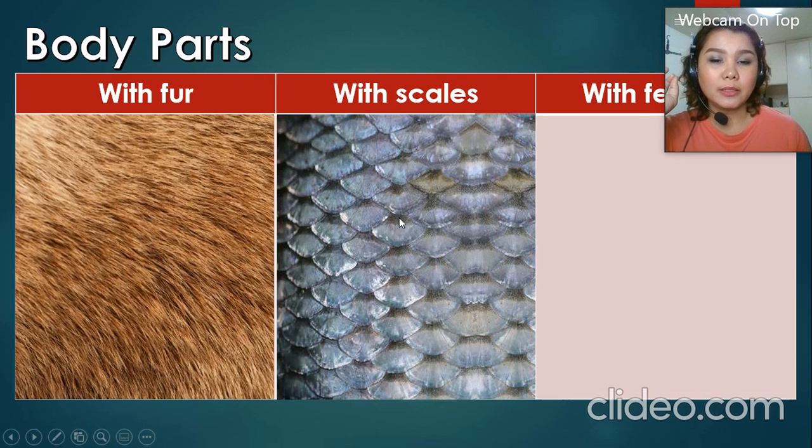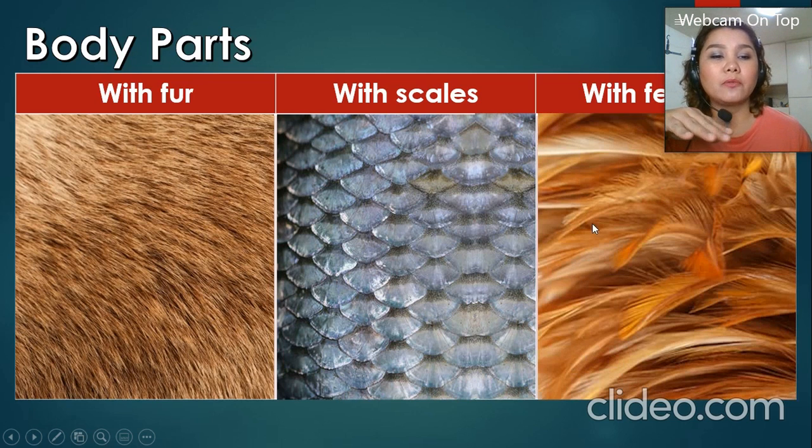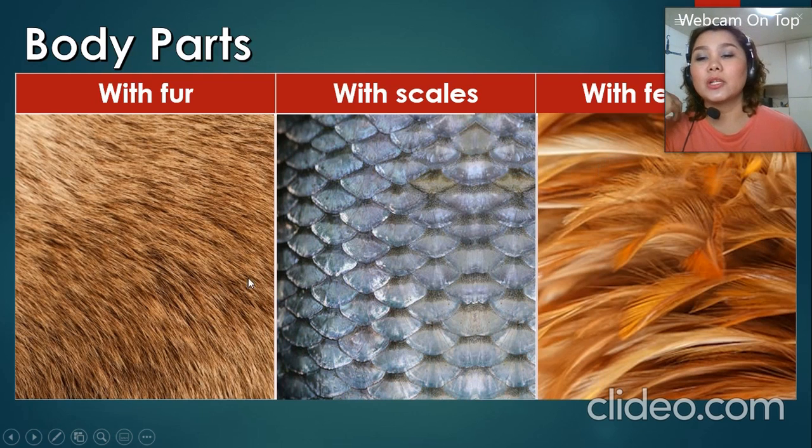Next, scales, more of an oval shape that is overlapping. And then with feathers, this. Usually it's used in costumes, because it looks like an angel. That's the concept. An angel has wings, so it has feathers.